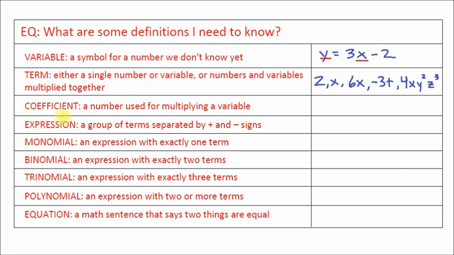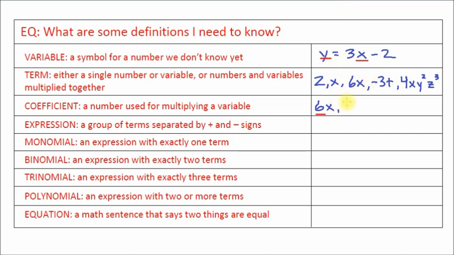Alright, coefficient. A coefficient is a number used for multiplying a variable. There are actually some coefficients in the answer above. Let's put some examples here. If I told you I had a term that was 6x, you would see that the coefficient is the 6.